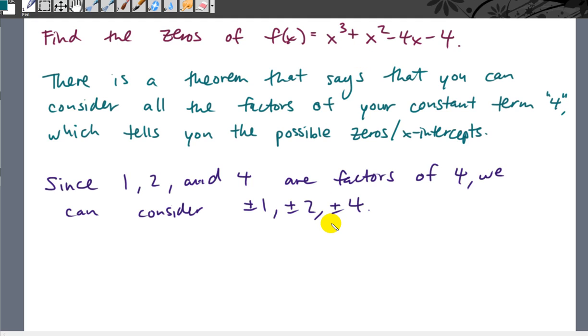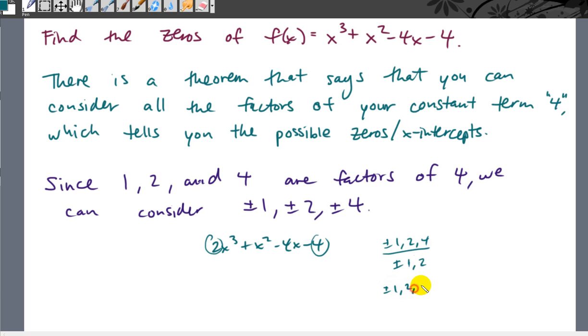For the sake of time, I don't have time to teach it, but let's say it was 2x cubed plus x squared minus 4x minus 4. Generally, you'd look at this number and this number. You'd consider plus or minus 1, 2, and 4, and divide by plus or minus 1 or 2.